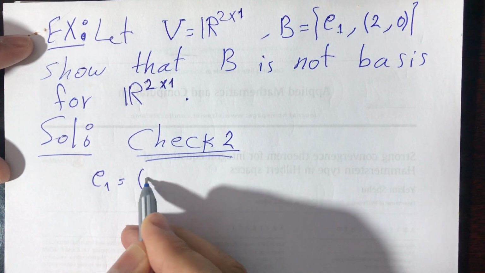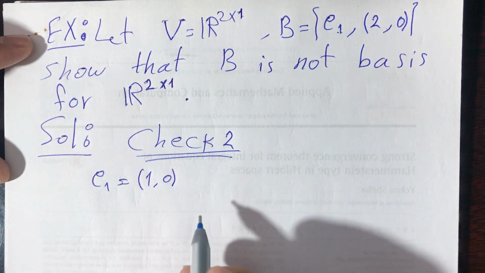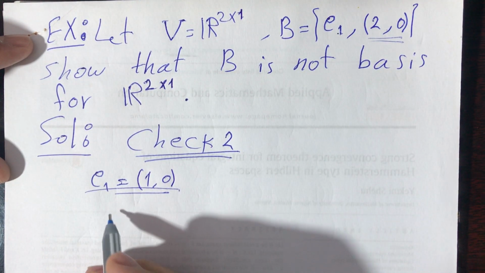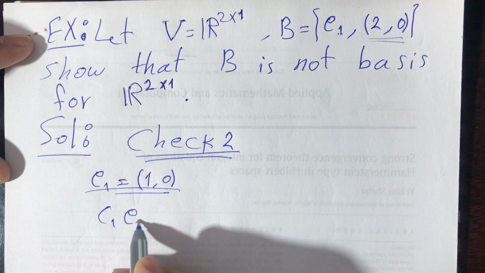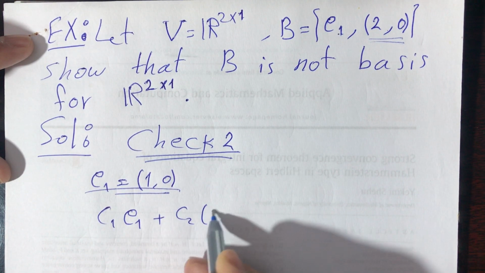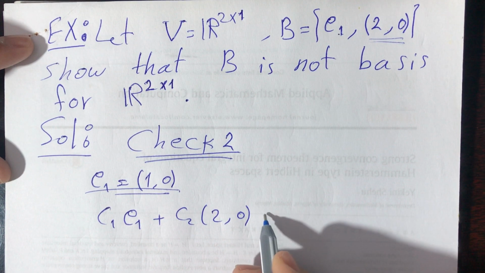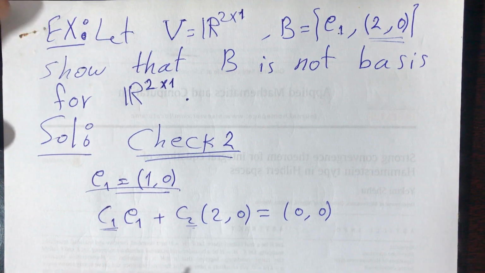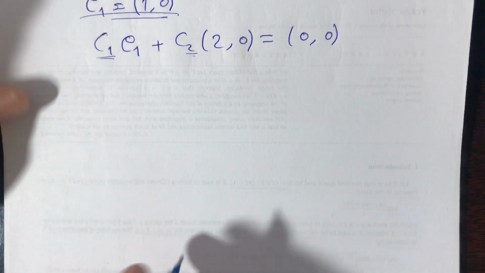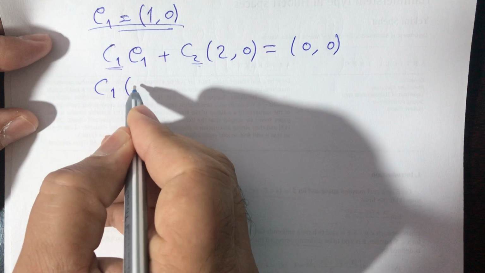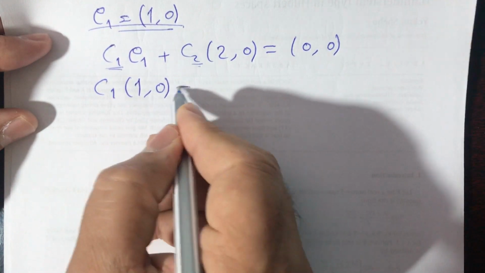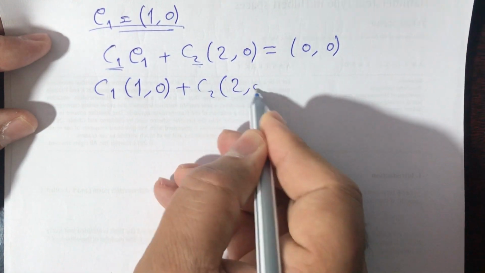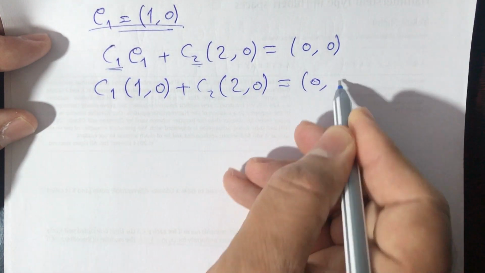E1, I know. What about E1? E1 will be equal 1, 0. So C1 E1 plus C2 times 2, 0, make equality with 0, 0, and try to find C1 and C2. This is E1 equal C1 times 1, 0, plus C2 times 2, 0, equal to 0, 0.